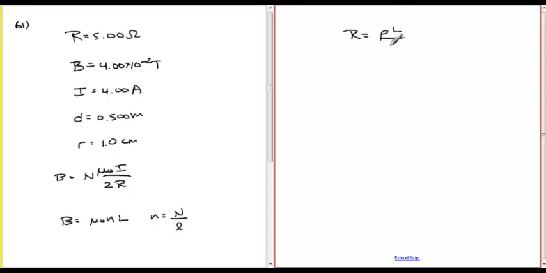For a resistor, the resistance is equal to the resistivity times the length divided by the cross-sectional area. The resistivity is a property, so we know that. The length is the length of the wire, not the length of the solenoid. And A is the cross-sectional area, so we can calculate the area. Area for a circle is pi d squared over 4, or pi r squared.